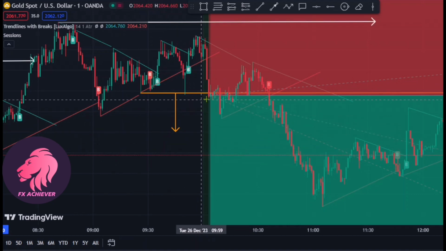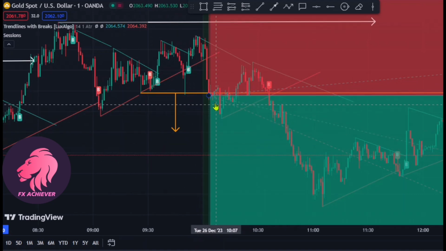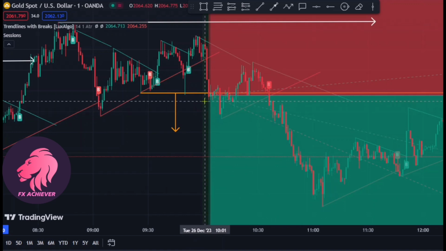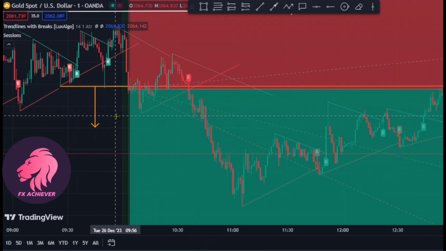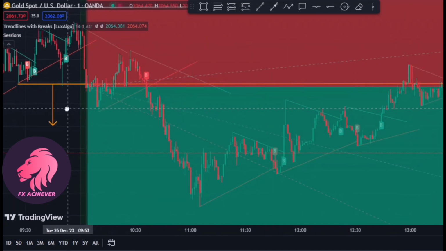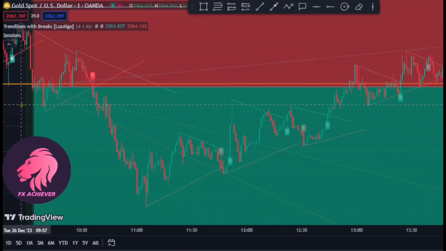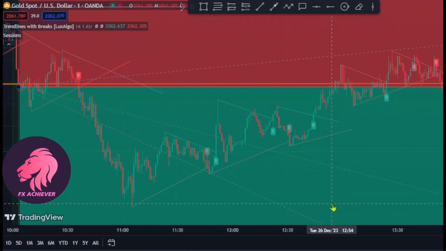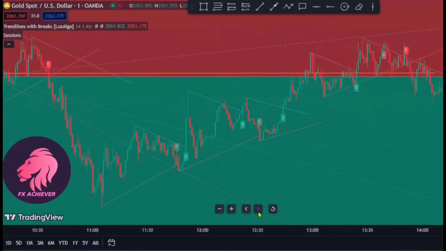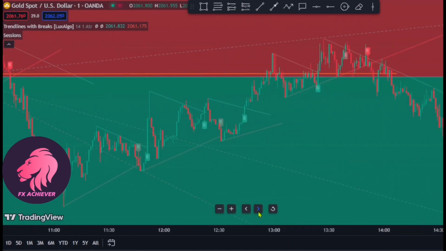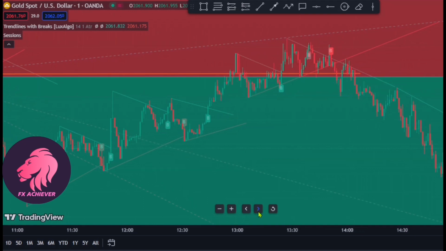So I wait for the red candlestick to start breaking the lows, and then I place a trade here, and I just watch my trade to see if it's going to go to TP1, TP2, and TP3. On all of my trades, I ensure that I have TP1, TP2, and TP3.